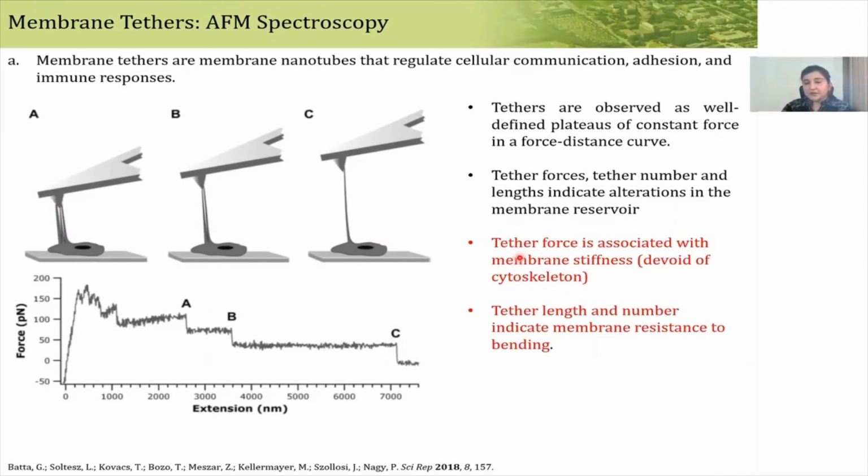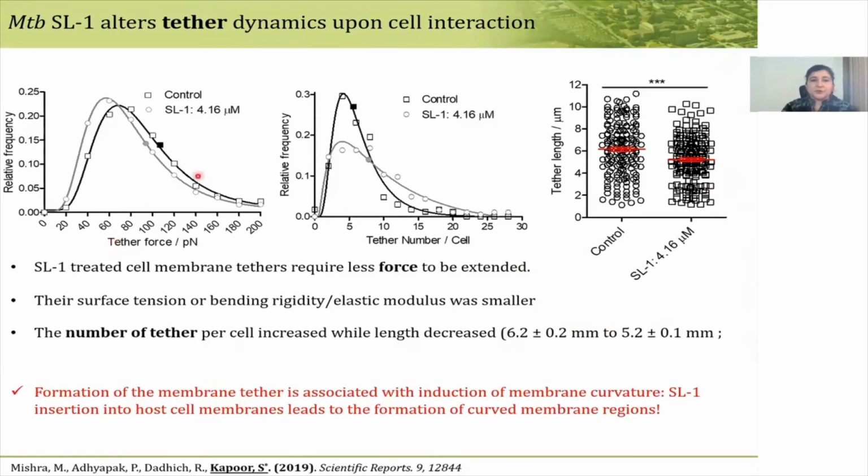And the parameters that we obtain from here are the tether force associated with the membrane stiffness, tether length, as well as the number of the tethers. So what we found with sulfur glycolipid 1 was that the tether force was decreased, which means that the SL1 treated cell membranes require less force to be extended, and their number was found to increase.